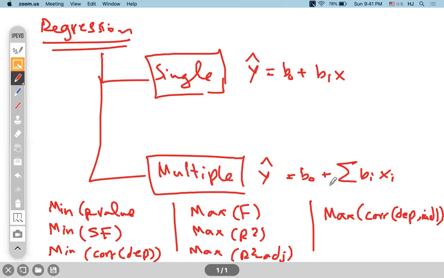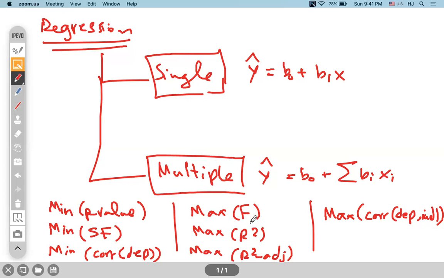We can have different models, as we said before, and our aim is just to figure out the model that gives us the minimum p-value, minimum standard error, minimum correlation between dependent variables, and maximum F score, maximum R square adjusted, and maximum correlation. Talking about R square, we have to keep in mind that R square always goes up when we add variables.